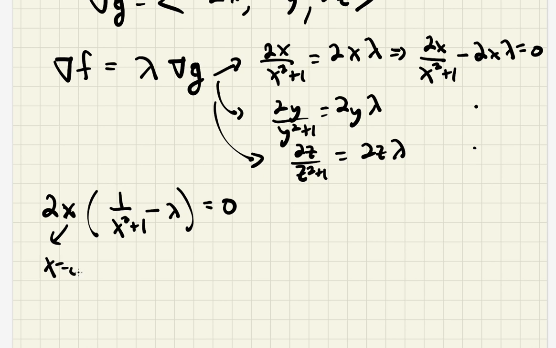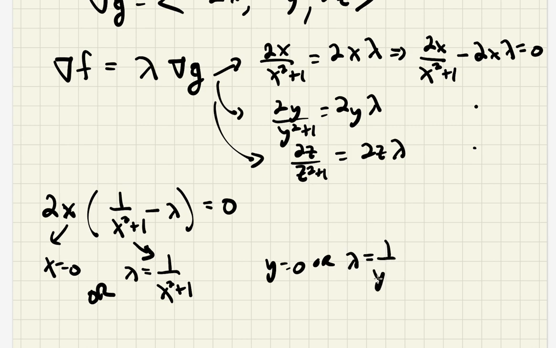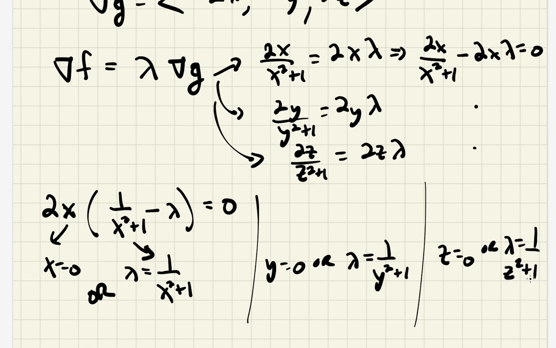Either x is 0 or lambda is 1 over x squared plus 1. The same is going to be true for y and z. Either y is 0 or lambda is 1 over y squared plus 1. Either z is 0 or lambda is 1 over z squared plus 1.